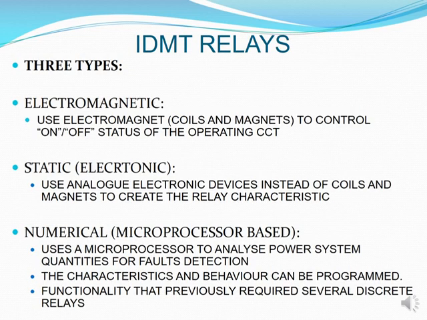So three types of these IDMT relays have evolved over time. The first that we had was your electromagnetic types of relays. You still find these in some of the very old power stations and substations out there. And really, when we start talking about practice, they're the ones that make the practical calculations easier for us because we can understand how they operate physically.